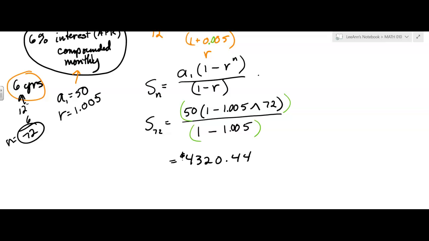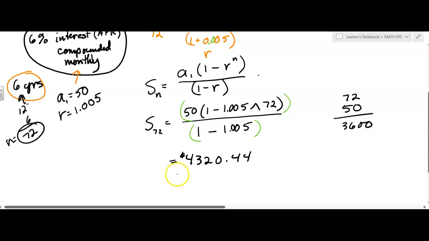They put in $50 every month, and at the end of 6 years, they had $4,320.44. Now, the question is, how much interest did they earn? Well, if you just put in $50 a month for 72 months, how much is that? 72 times 50. Okay, that's 3,600.